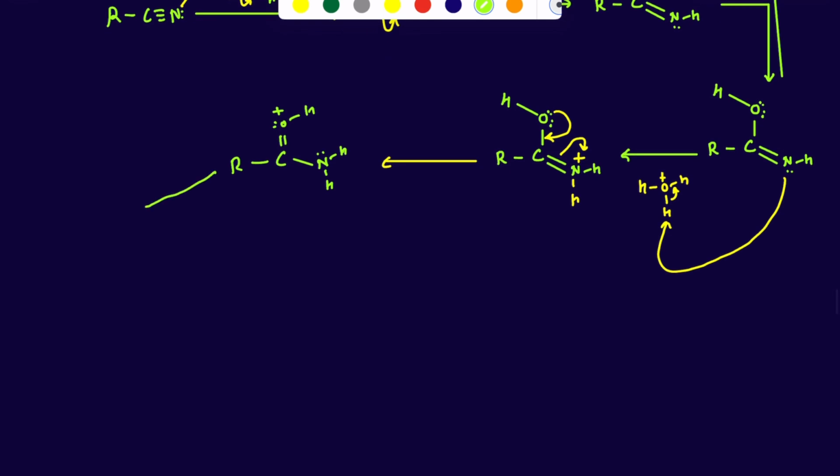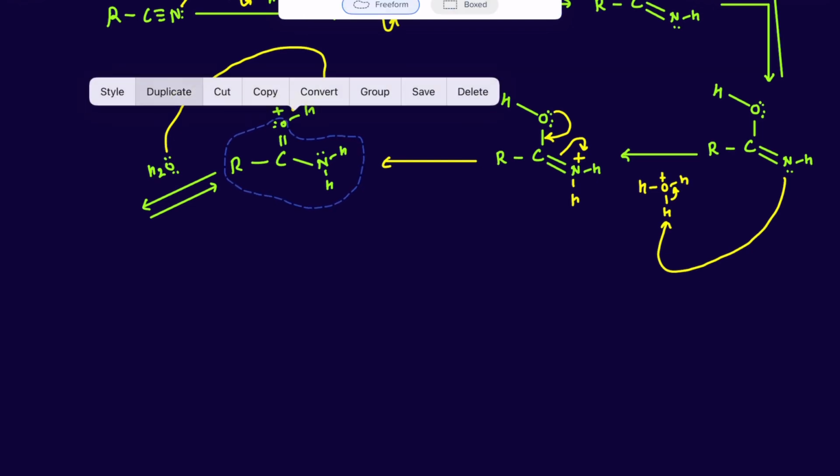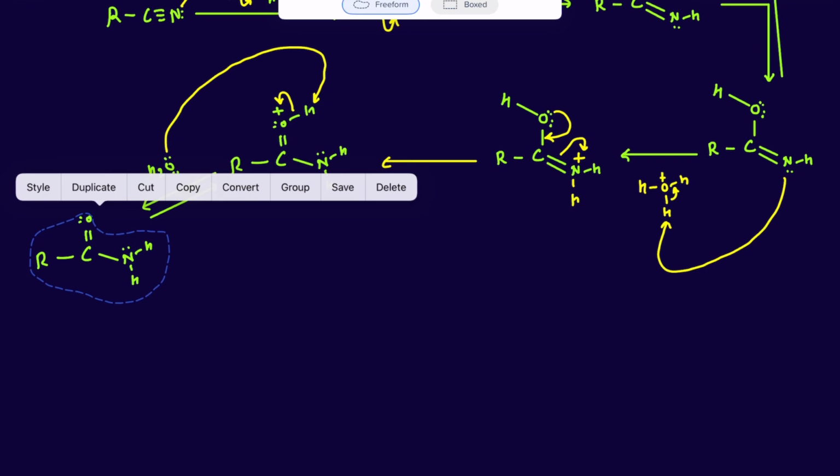Then in the next step, I can run another proton transfer reaction because I don't want to leave that protonated oxygen up there. I can do a proton transfer where you can use water. When I use water to do the proton transfer, I can grab the proton from here, and that would make this, I'm just going to copy it, put it right here.